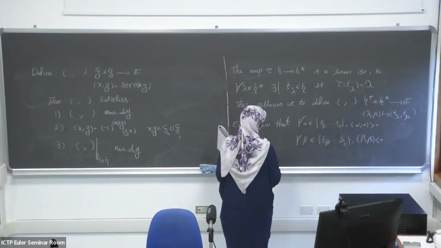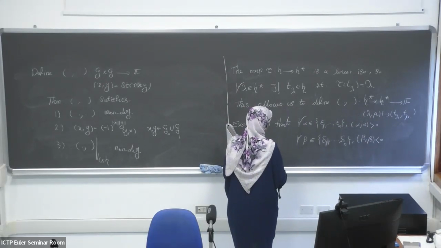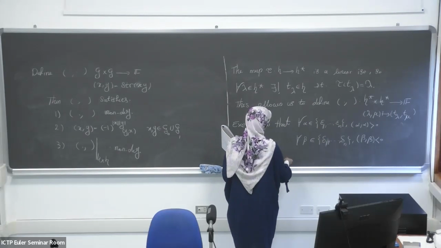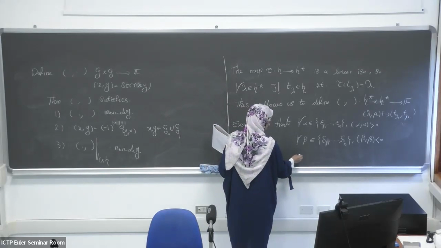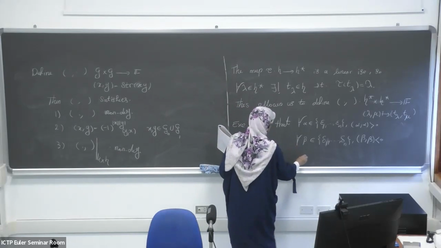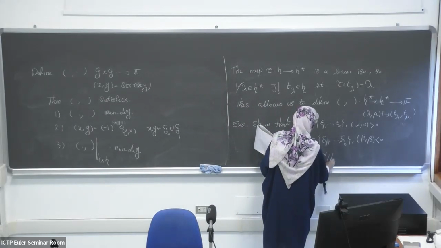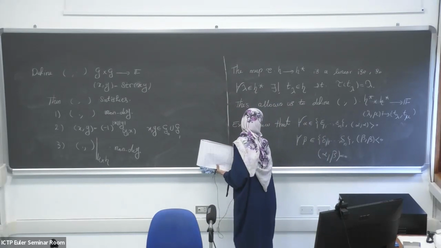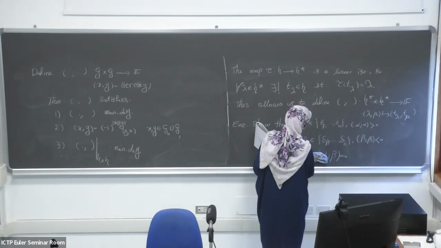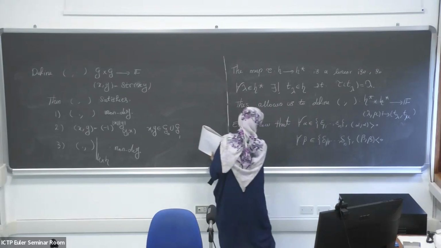And also, we have some other relation that you can prove: the form of alpha and beta is 0. Yes, it is true, but let me write it in this way.